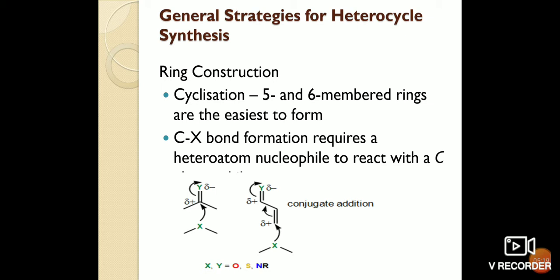So in the first example we see an alkene, both are 6 membered rings, and on the right hand side it is a conjugate addition which is taking place with a heteroatom which will bond with carbon. So C-X bond formation will take place.